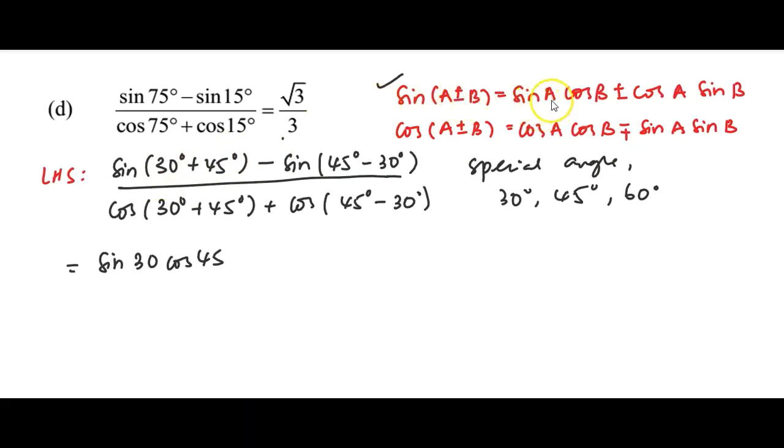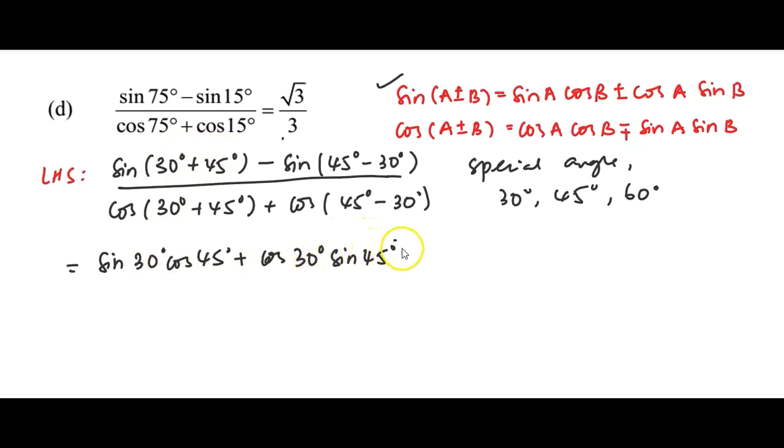So we have sin 30 cos 45 plus, following back this formula over here, plus cos 30 and sin 45. Okay, this is how we expand the first compound angle.